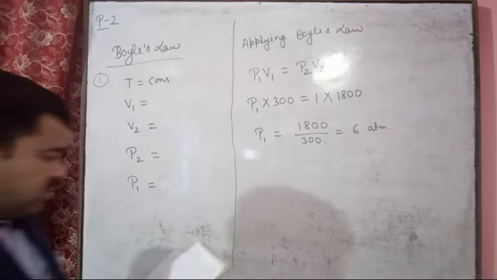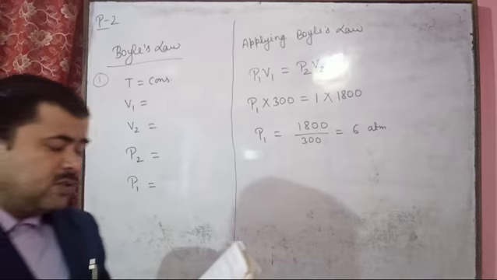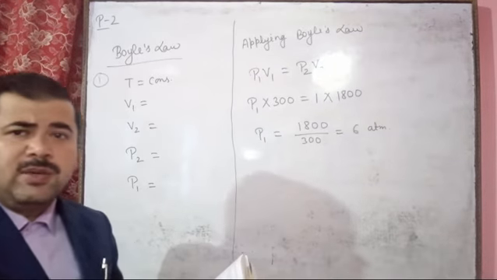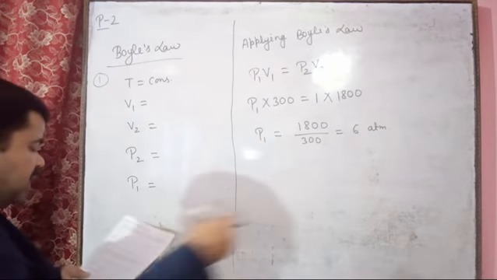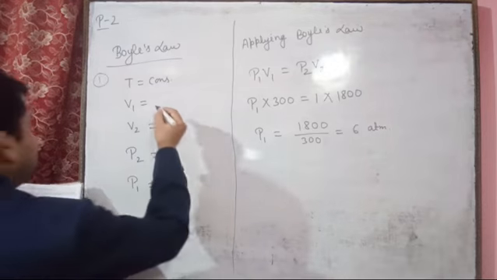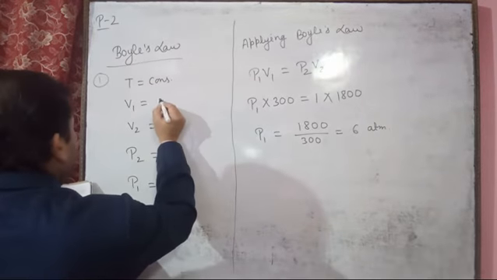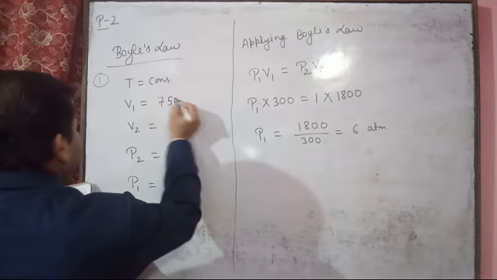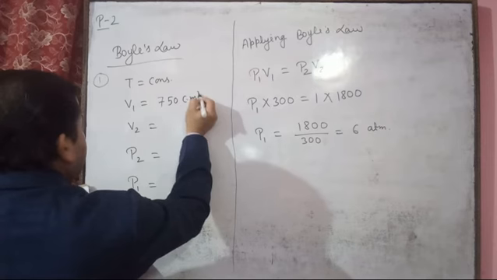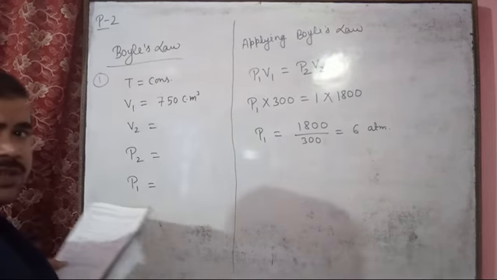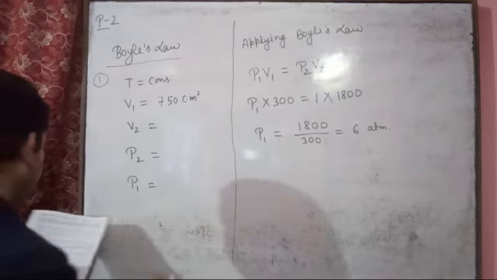In the second question, a certain mass of chlorine gas occupies 750 centimeter cube at a certain pressure. So this is the V1, and you will write 750 centimeter cube, or cc, cubic centimeter.